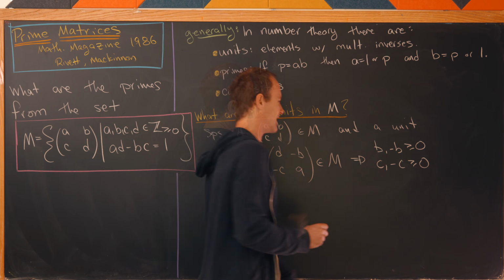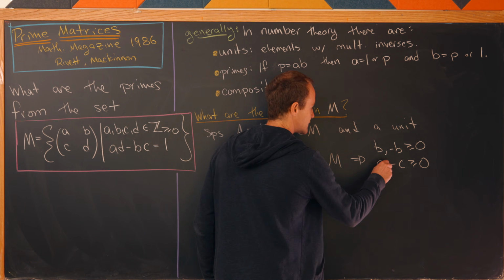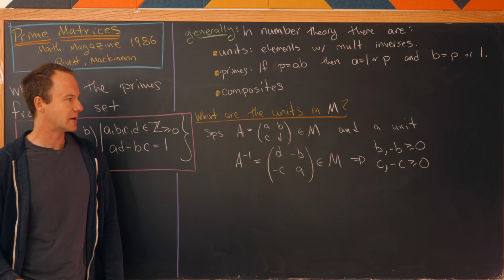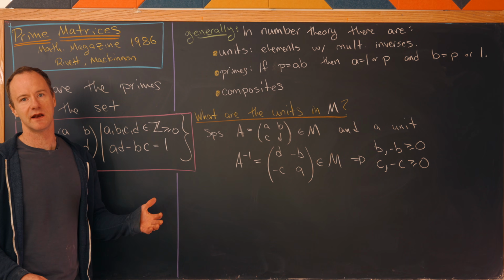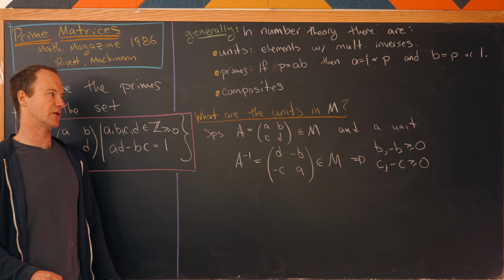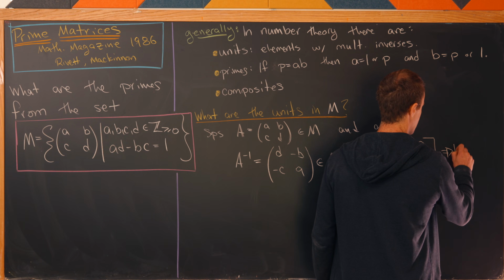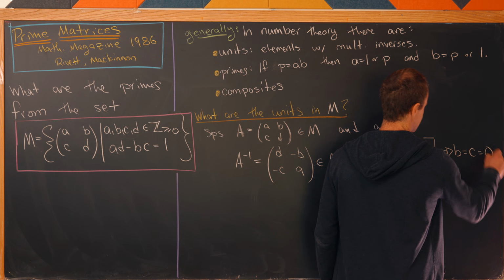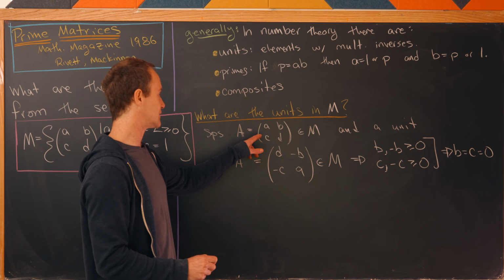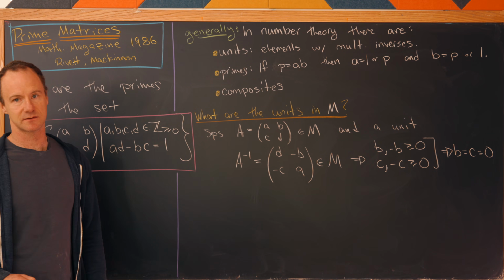Given that they're in this set, that might look like B, 1 minus B, but it's really B comma negative B. Okay, so if B and negative B are both non-negative integers, and C and negative C are both non-negative integers, so that means that immediately we know that B equals C equals 0. So in other words, we have a diagonal matrix.